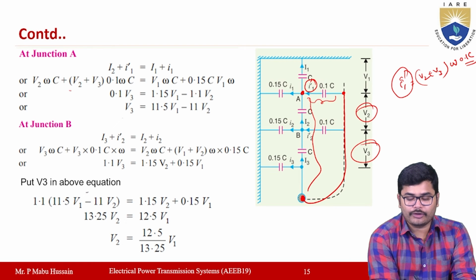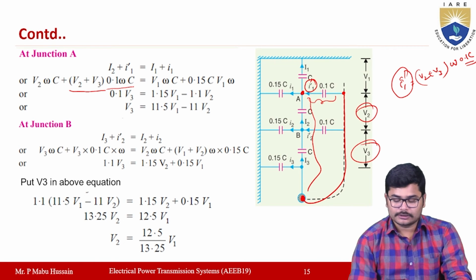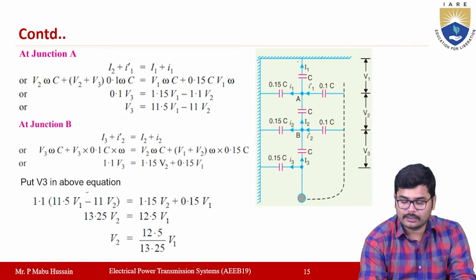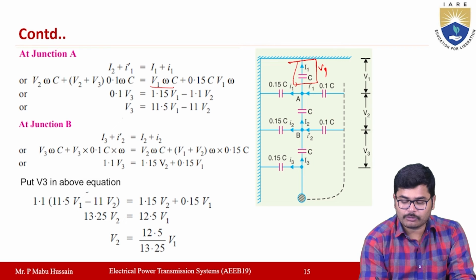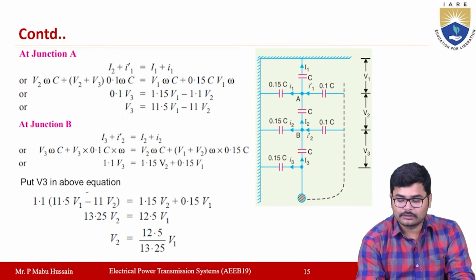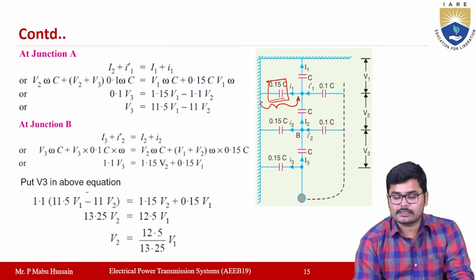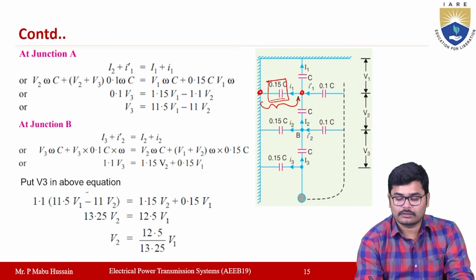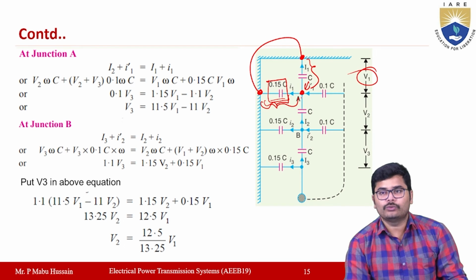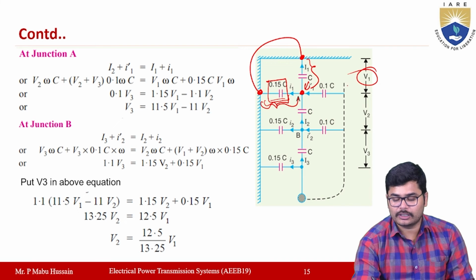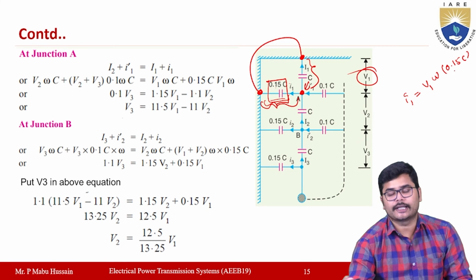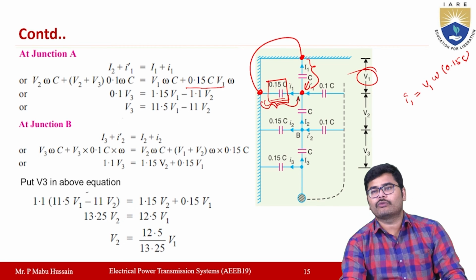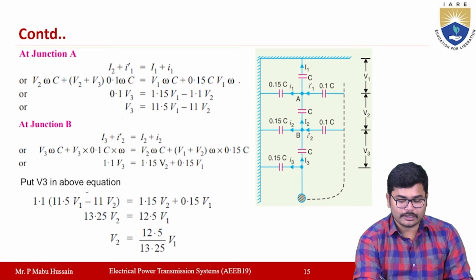In place of I1 dash, we write V2 plus V3 times 0.1 omega C. I1 is the current flowing through the first disk with voltage V1 across it, so I1 is equal to V1 into omega C. Small I1 is the current flowing through the shunt capacitance between this point and the tower. The voltage across it is V1, so small I1 is V1 into omega into 0.15 C. If you observe the equation, omega C gets cancelled on both sides.